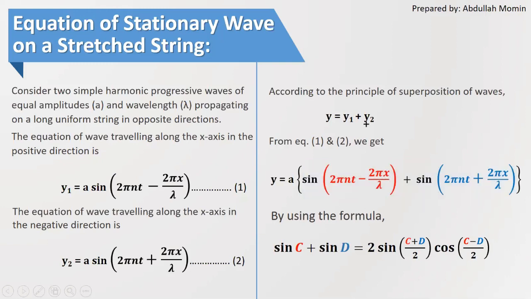Now if you look at this equation, in the sin, the bracket is red. So this whole bracket is considered as C, and the second bracket, which is in blue, we will consider as D. So sin C in red plus sin D in blue.